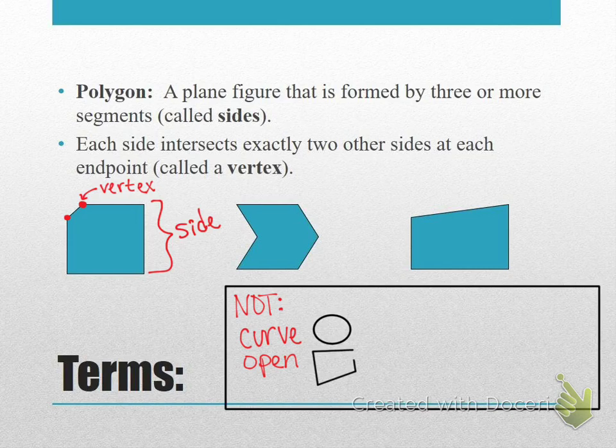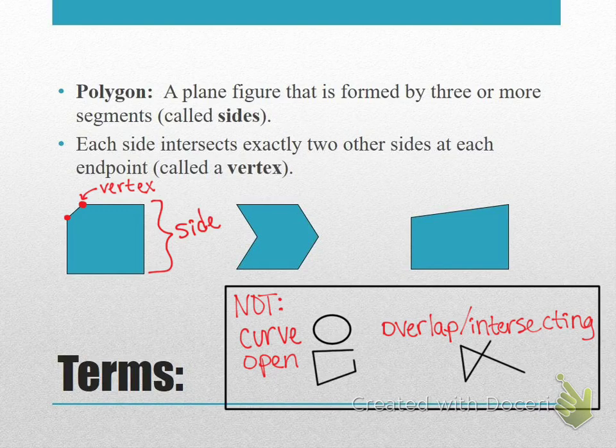If the sides intersect each other or overlap, or intersecting sides, meaning something like that, where they crisscross each other, that's not a polygon.